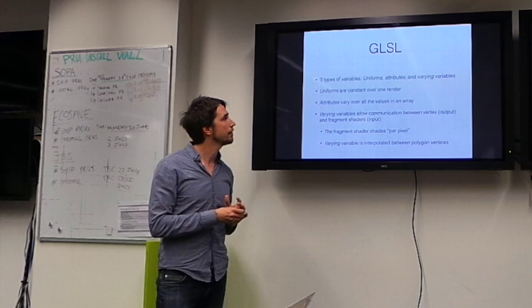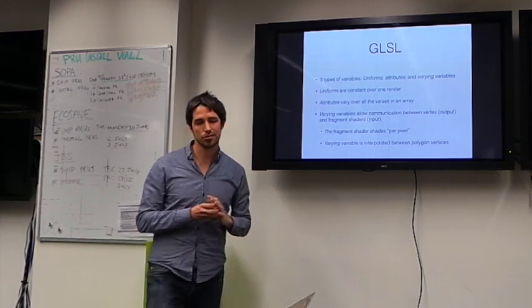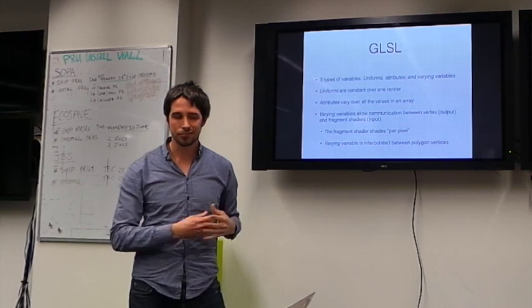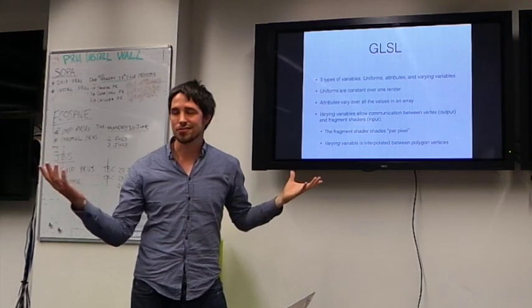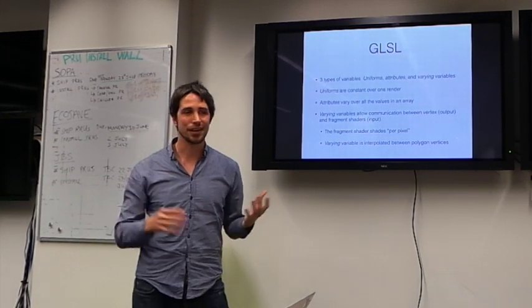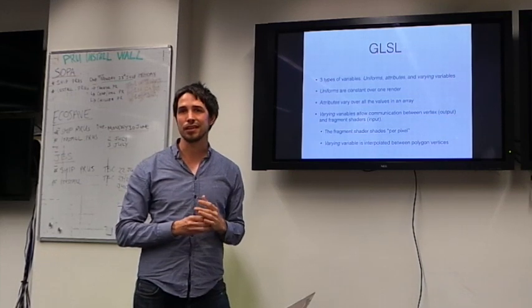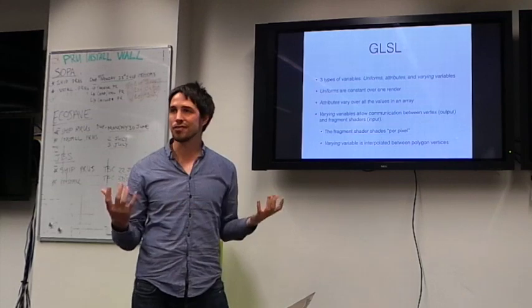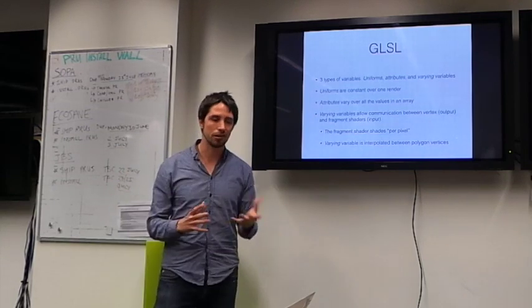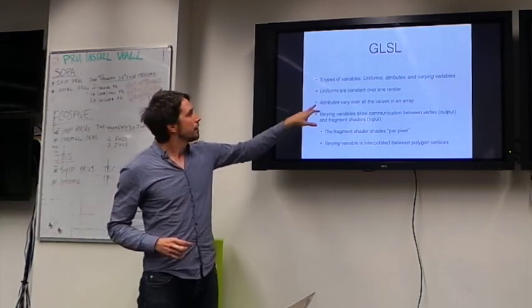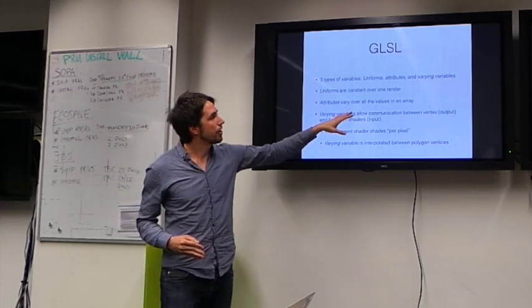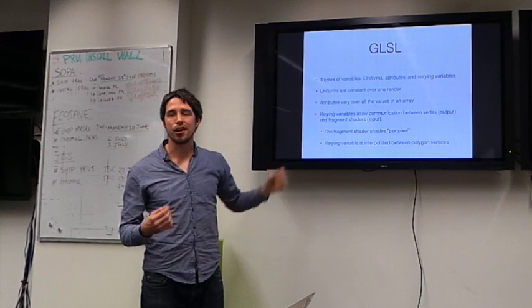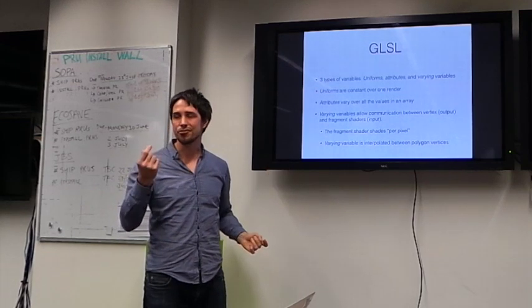And Shady uses uniforms in order to transmit useful data like the radius of the circle or however your surface is defined. It may have a certain number of variables which influence how it appears. Attributes vary over all the values in an array, and the attribute is the variable which you use to find out the current mesh vertex.